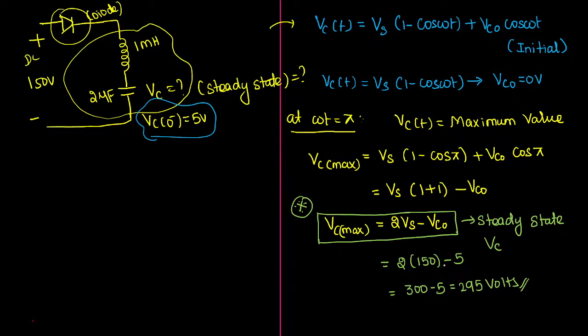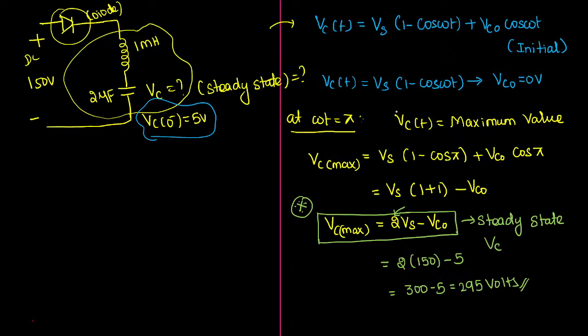Okay. Many of you did correctly, but the only mistake you people made is you considered this 2 common. The factor 2 is common for both initial and final voltage. How is it possible that 5 is initially stored inside the capacitor? It is not permanently there. So the multiplication factor will come with the existing or the steady state voltage. It is not with the initial voltage. You should remove the initial voltage from the steady state voltage.